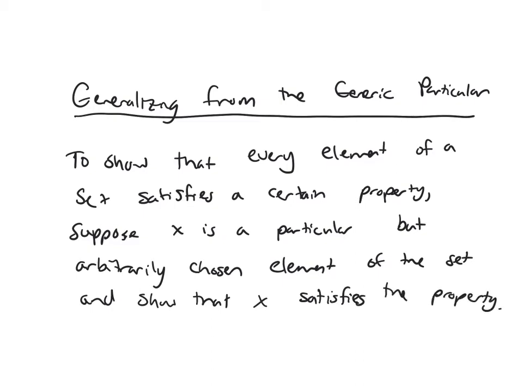So this is essentially an alternative to method of exhaustion. So you're going to take X represents some kind of particular, but at the same point arbitrary chosen element. X is, so it's like specific, but also you don't know what it is.